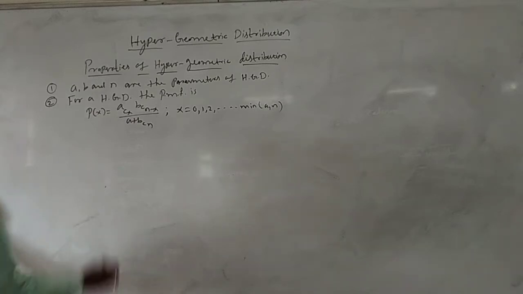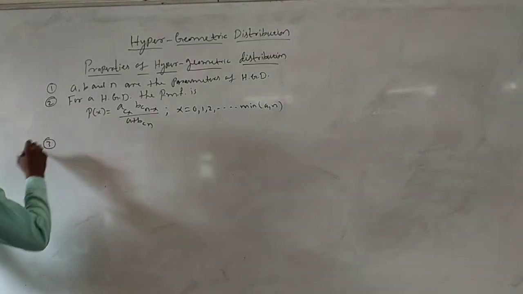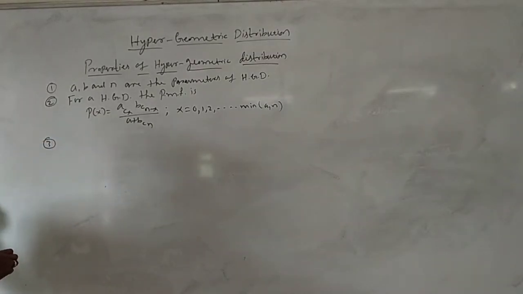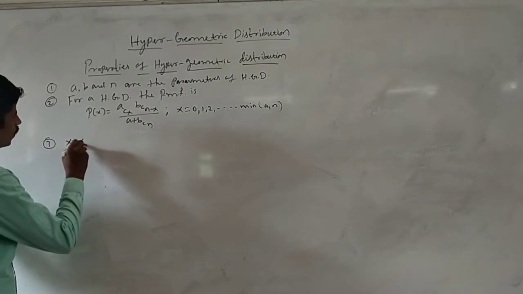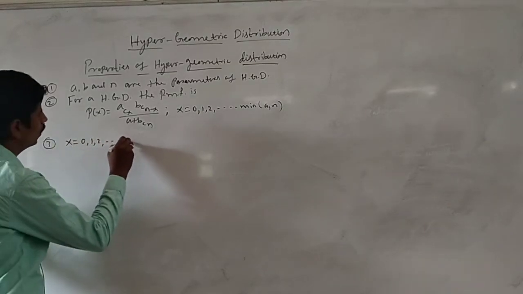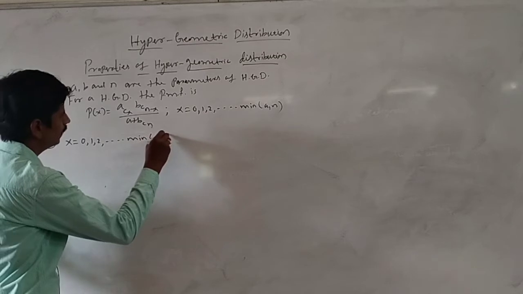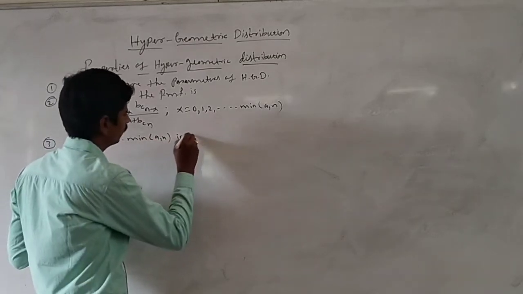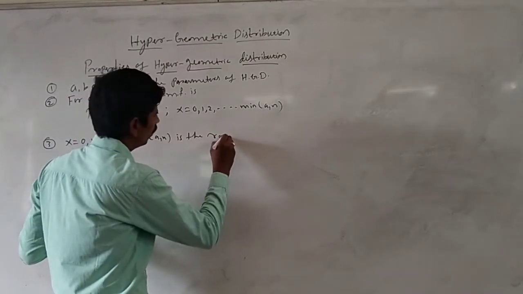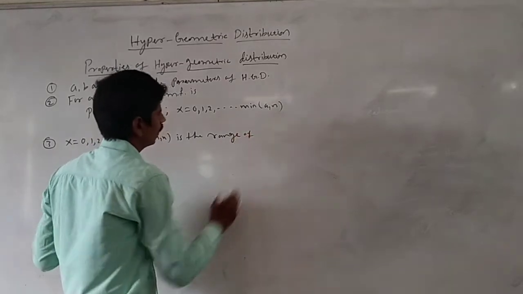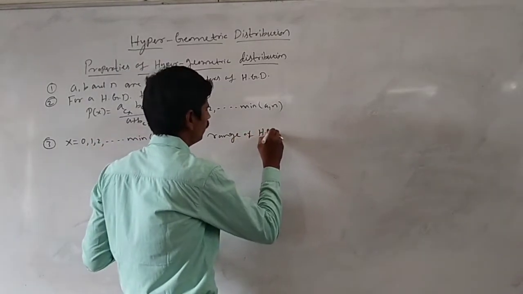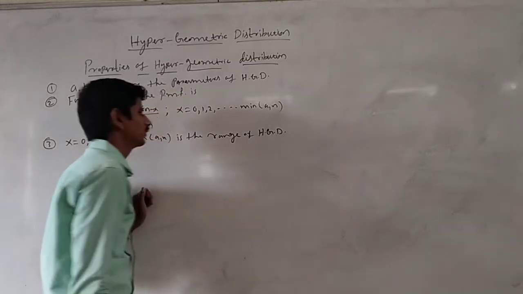That is the second property. Third property, x equal to 0, 1, 2 up to the minimum of A comma n is the range of the hypergeometric distribution.